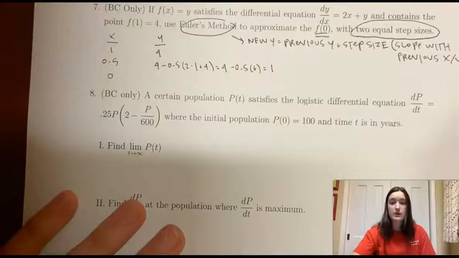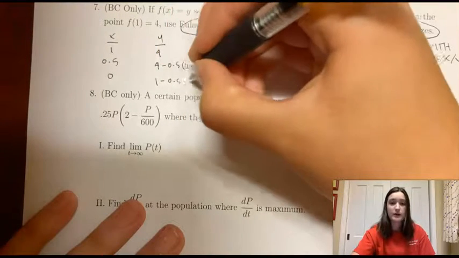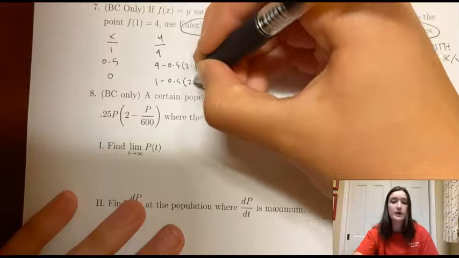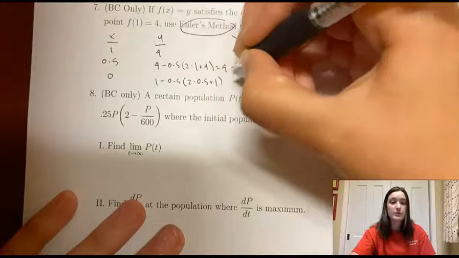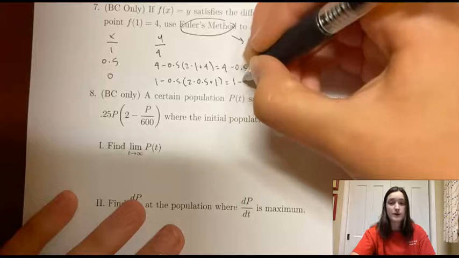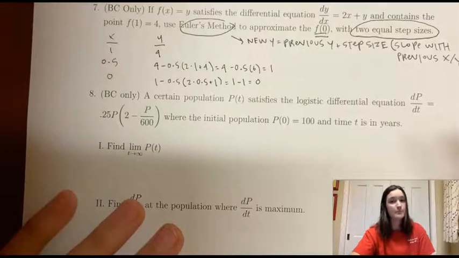Our new y is going to equal our previous y, being 1, minus 0.5, that's our step size, and then remember to plug in 0.5 and 1 into the derivative, and you're going to get 1 minus 1 equals 0.